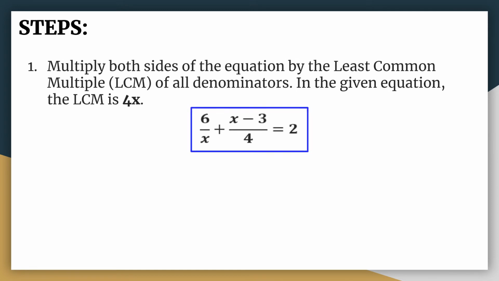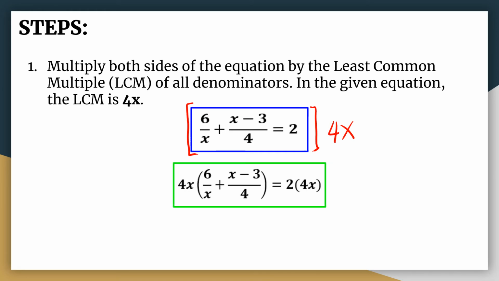Now we're going to solve. Again, the LCM here is 4x. Multiply that by 4x. Then we're going to multiply. So 4x divided by x, simply cancel the x here and the x here. Then 6 times 4 is 24.